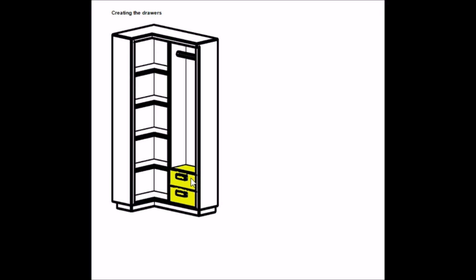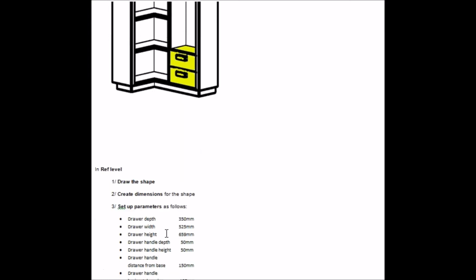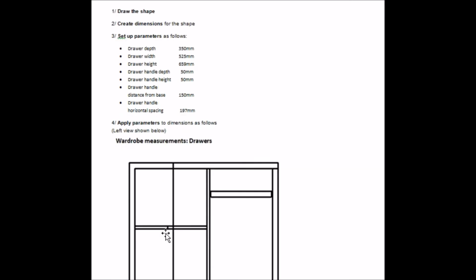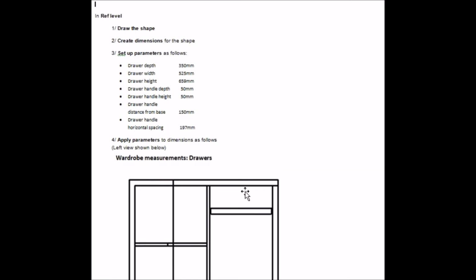So the next step is to create these two drawers. They're vertically stacked, one on top of the other, they're 250 millimeters high, and they require handles. This is my workflow. It's the same again as it has been before.